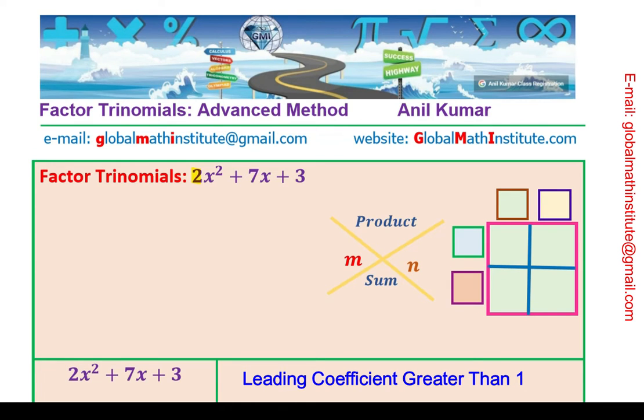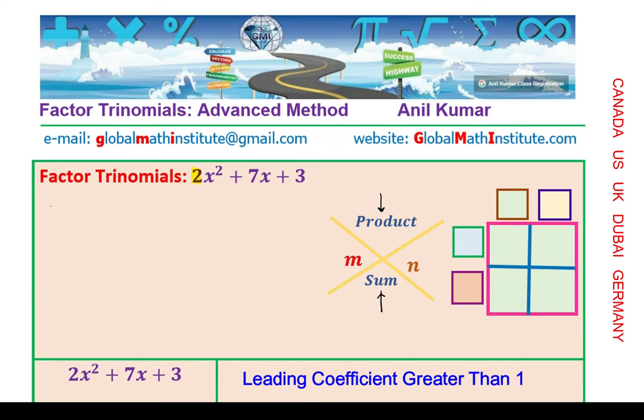Well, if you have a leading coefficient greater than 1, we cannot start with the box. We have to start with product and sum, correct? So let's say, what is the product? So let's say product of two numbers which we are saying m into n in this particular case should be equal to 2 times 3, right? Which is 6. And the sum of these two numbers, m and n, should be equal to the coefficient of x, which is 7.